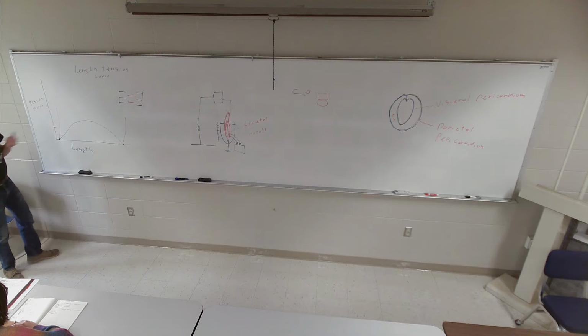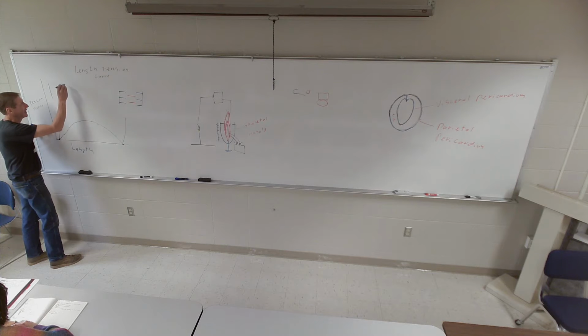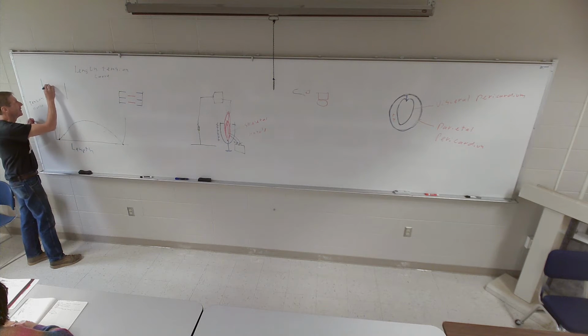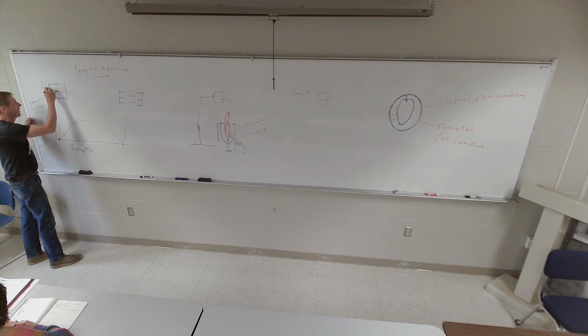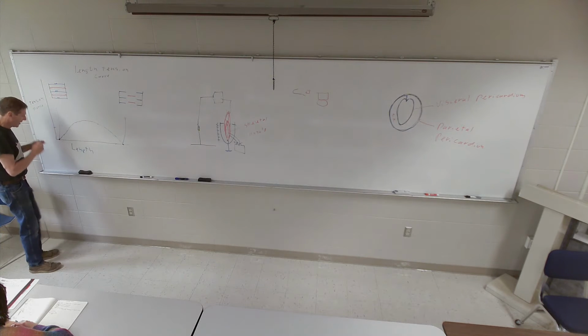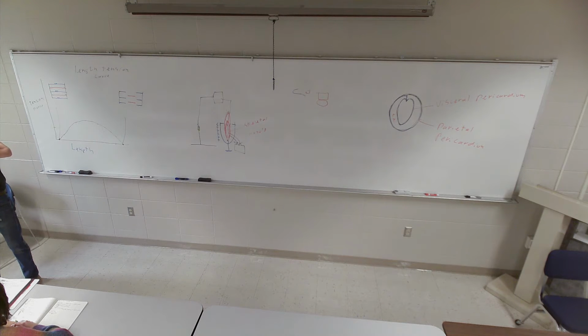At this end, where the muscle's really short, you have something that might look like this, at least diagrammatically. Imagine if your sarcomere gets really, really short, eventually the myosin filaments will smash into the Z line.